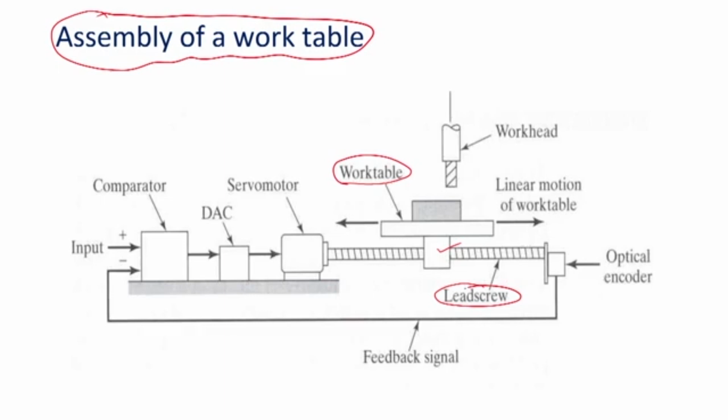We have already seen the function of the comparator. The comparator is generating digital signals, and these digital signals are to be converted into analog signals, because as we know, for electrical motors we need to feed analog signals, but the microprocessors are generating the instructions in terms of the digital format, binary format.